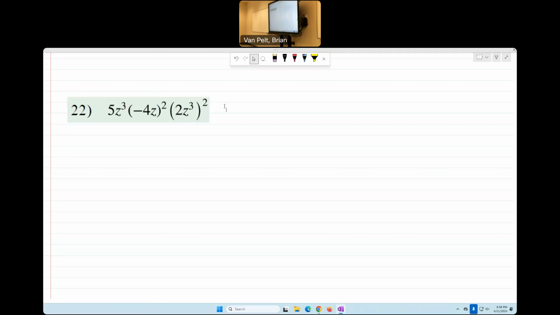This problem, like the previous one, has a negative that disappears. So it's 16 Z squared.